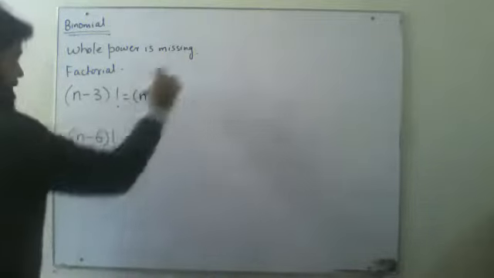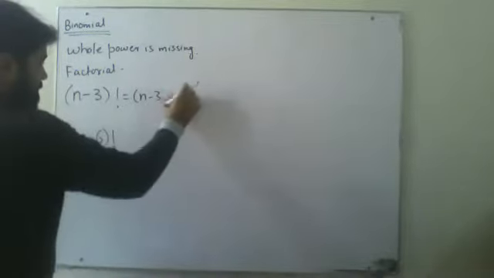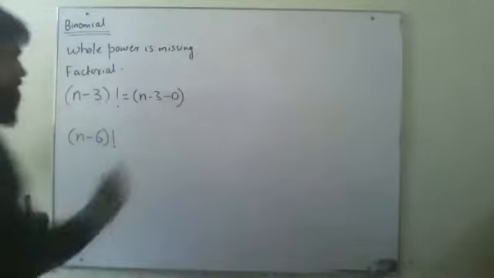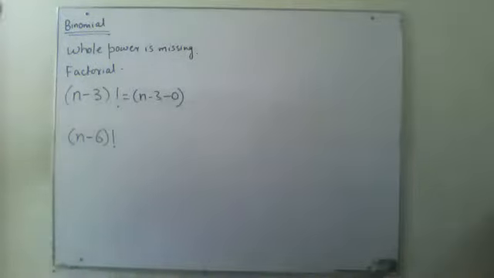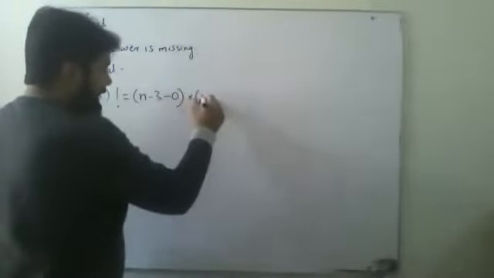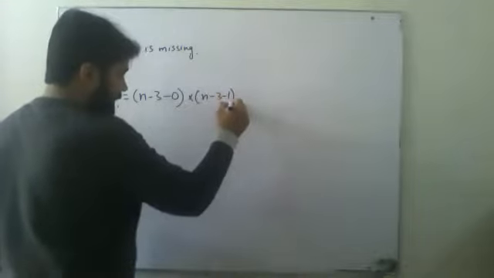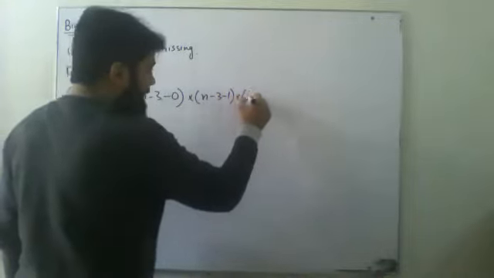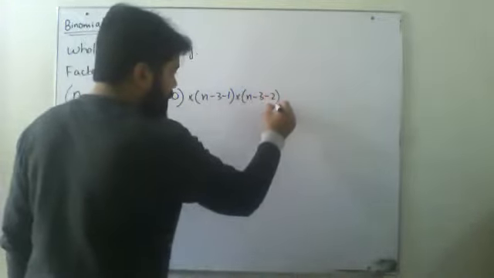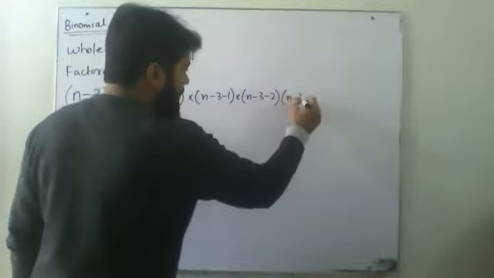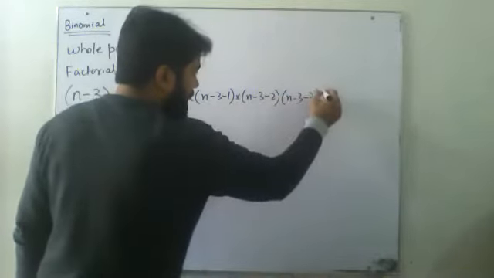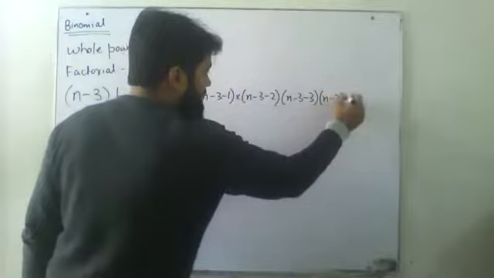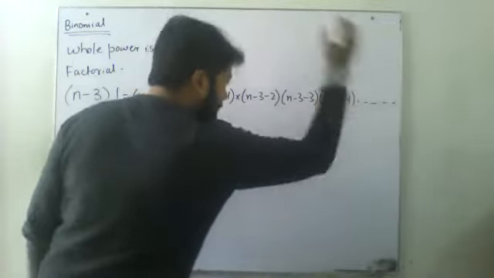First of all, n minus 3 minus 0. Okay, first one. Then n minus 3 minus 1, n minus 3 minus 2, n minus 3 minus 3, n minus 3 minus 4, and this will go till infinity.